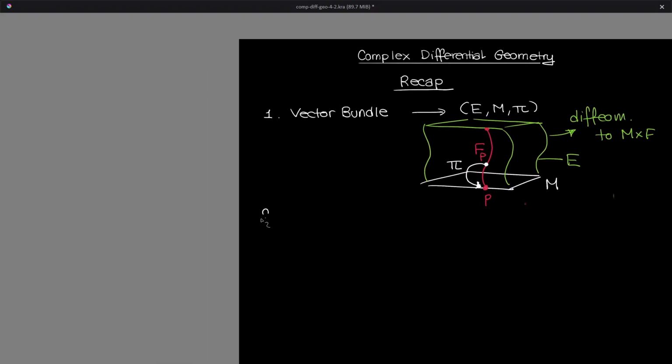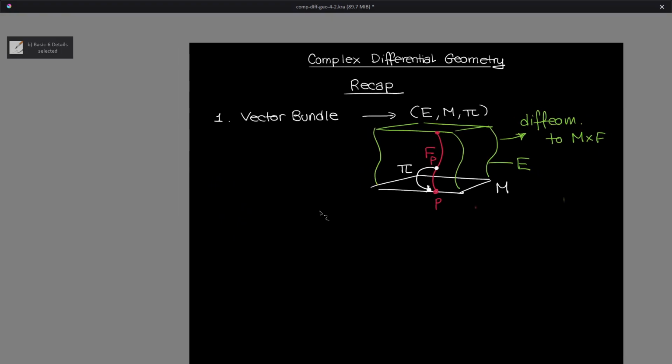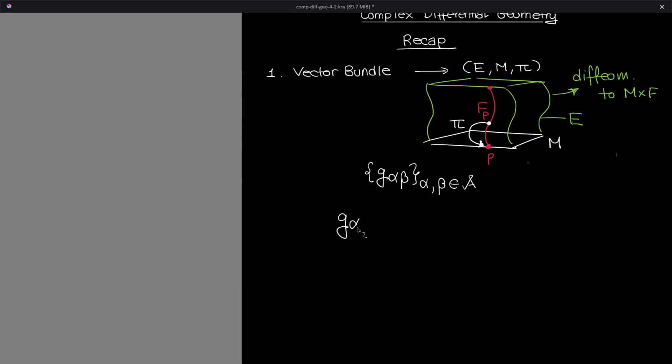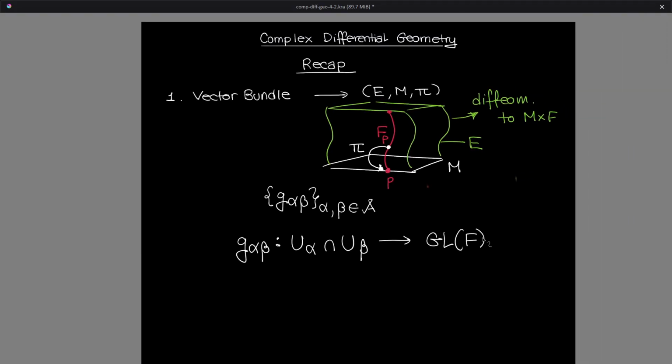And the last thing that we needed on this was a set of linear transformations g_αβ(p), or g_αβ, sorry, I'll clarify that in a bit. So α, β comes from some index set, call it A, and these are maps that go from U_α intersection U_β, and they go to GL(F), where F is this thing called the fiber.